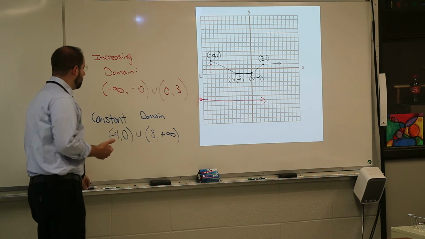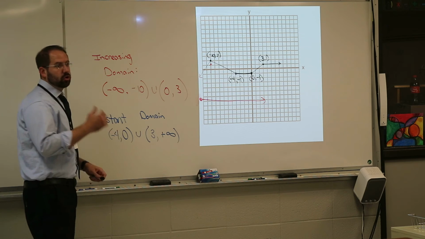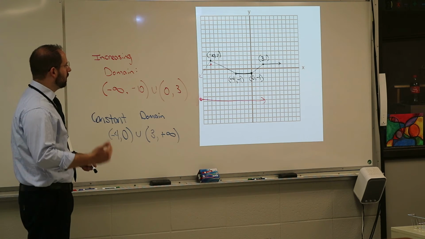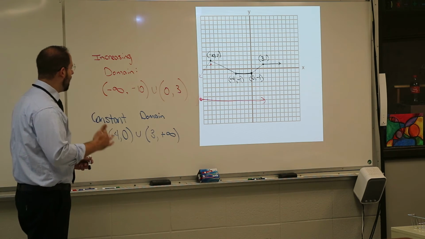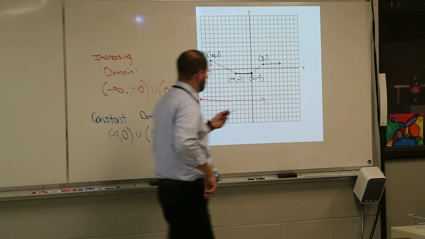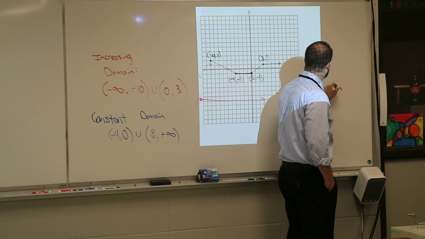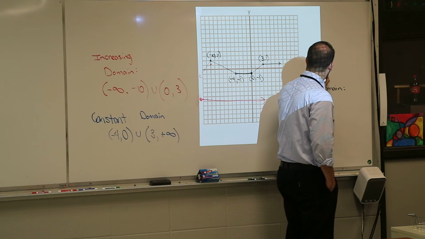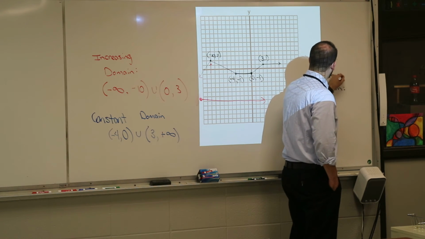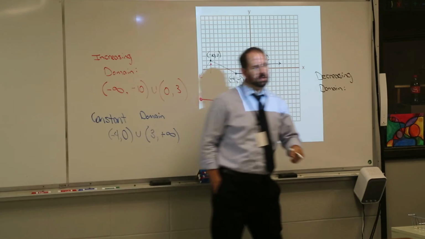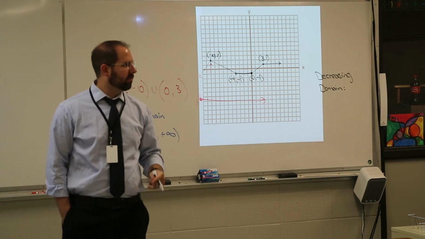But that's constant domain. Okay, then this thing decreased over one particular area. Where did this thing go down? Domain of decreasing. Anyone know where was that one band where it went down from left to right?